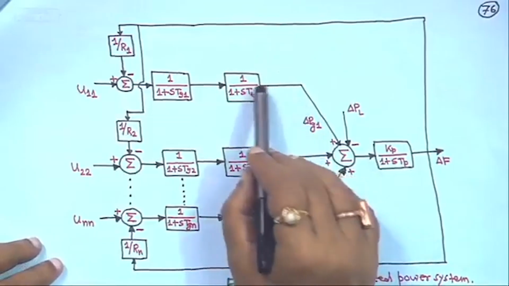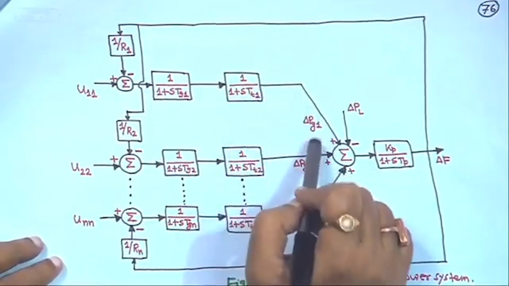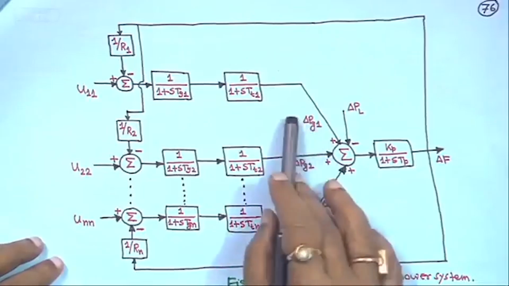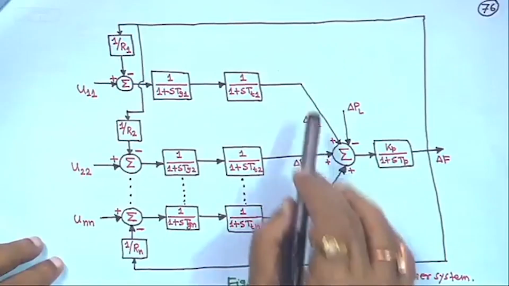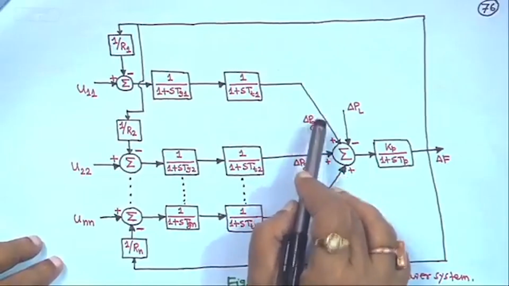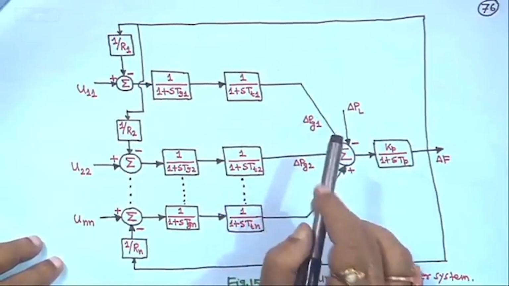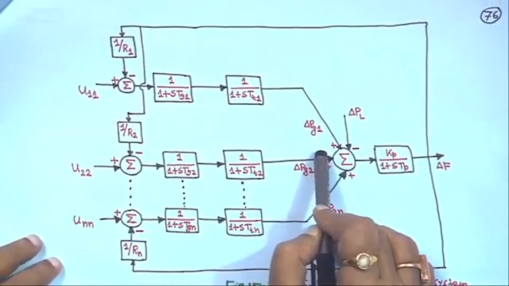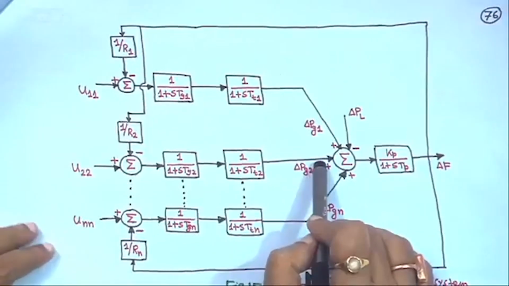That is why for the output of the generator whatever we have shown here, we have not considered the rate limit, because it has a generation rate limit. Later I will show you how it can be incorporated, but as soon as you consider the rate limit, the system will become non-linear.